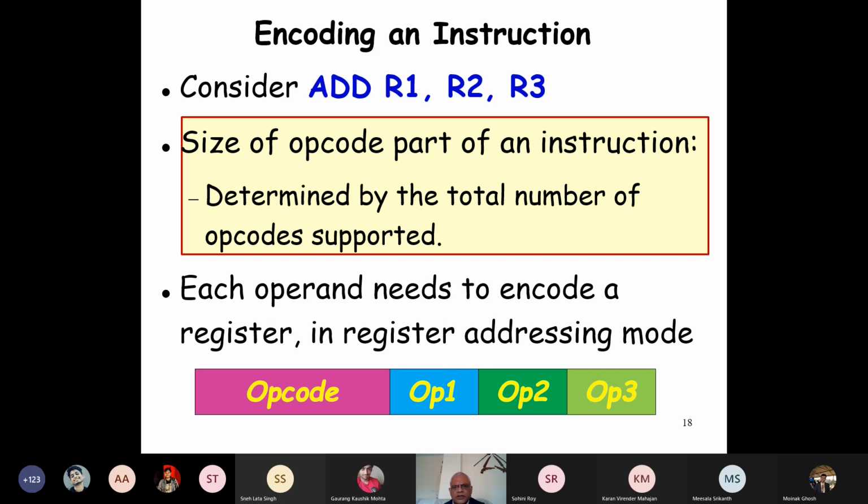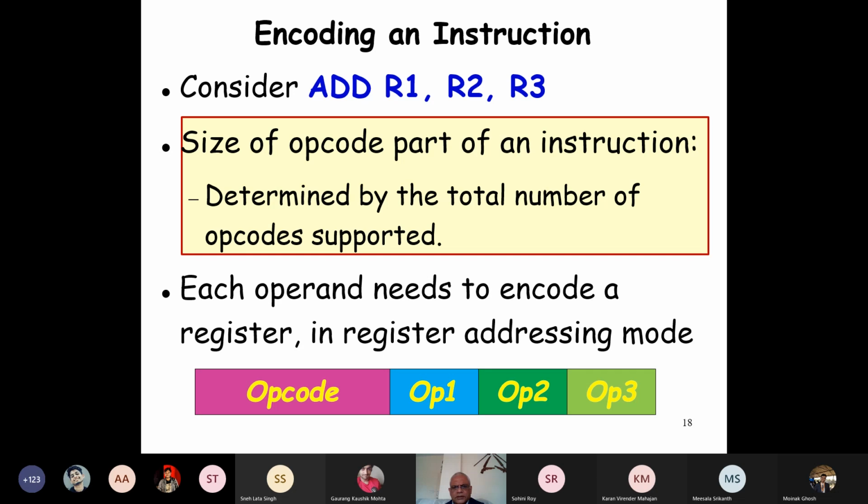But what is the size of the opcode? It is determined by the total number of opcodes supported. Let's say we have 40 opcodes, 40 different types of instructions. So how many bits do we need to encode the opcode?